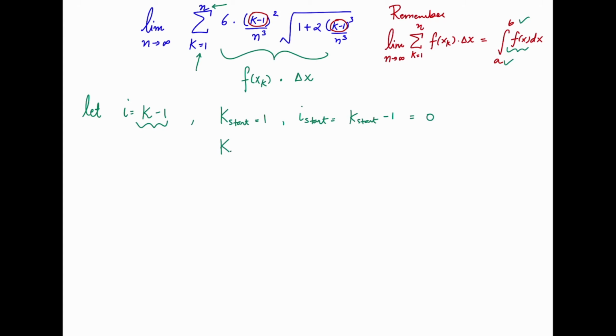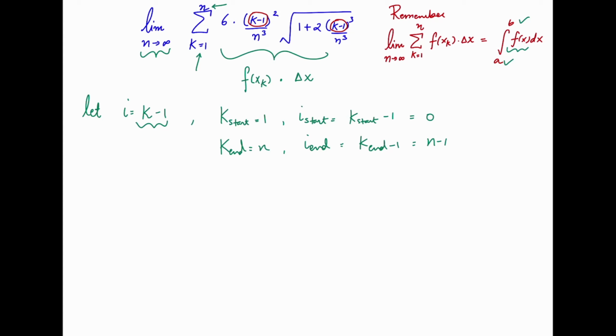And because k ends at n, then i ends at n minus 1. Okay, that's how you adjust the bounds, because you're changing the index variable, you have to make sure the summation is also addressed in that case, right? The limit of n still goes to infinity, so we'll still have the same expression there.